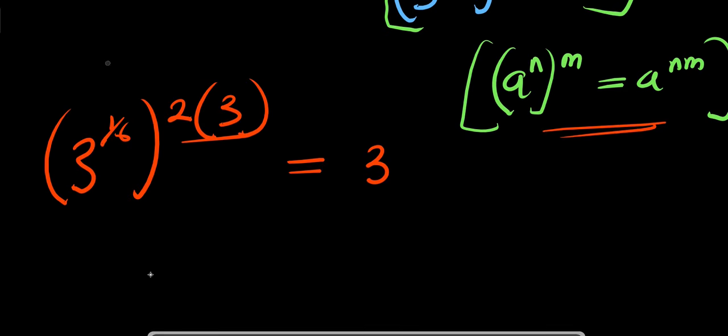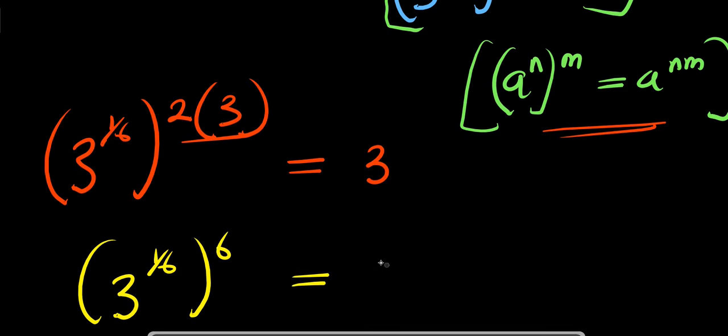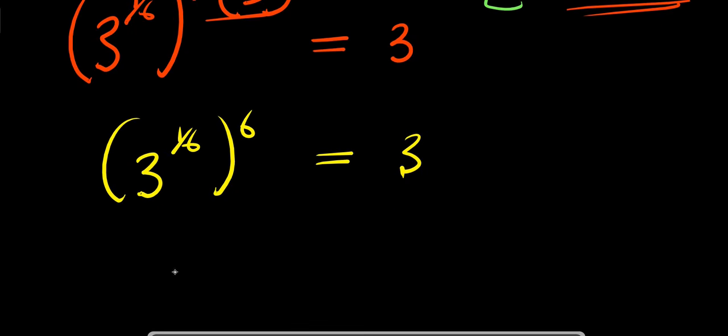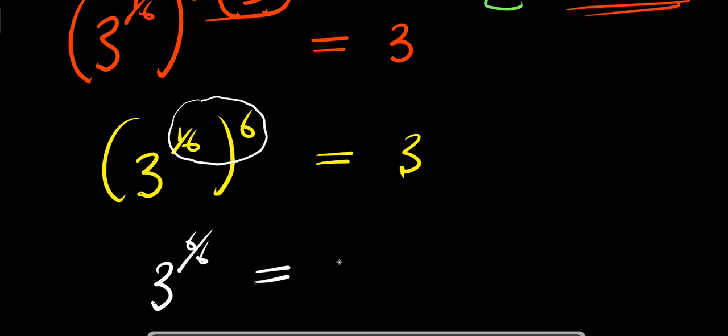You will simply have 3 power 1 over 6 raised to the power of 2 times 3, that is 6, and this equals 3. So you also multiply this out again using the same rule of a power n raised to the power m equals a power n times m. So we have 3 to the power of 6 times 1 over 6, that is 6 divided by 6, and this equals 3.